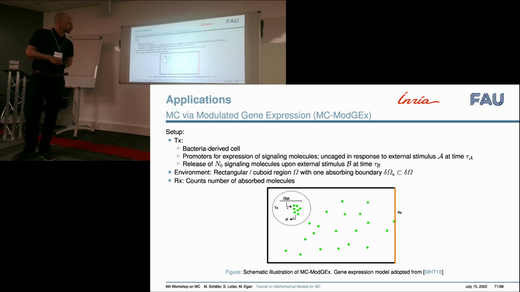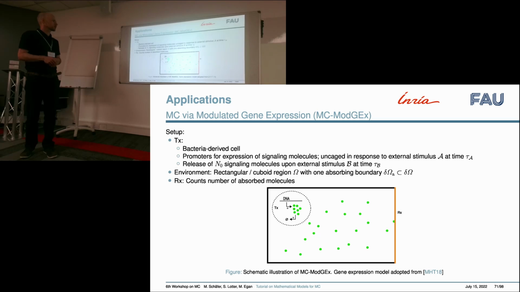The transmitter in this example would be some sort of prokaryotic cell which can express some proteins, which we consider as signaling molecules. So we consider the transmitter to express some signaling molecules over some time interval, and after this time interval, there would be some time tau b, at which the cell would open up its membrane basically to release the signaling particles.